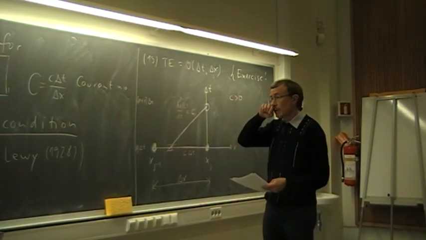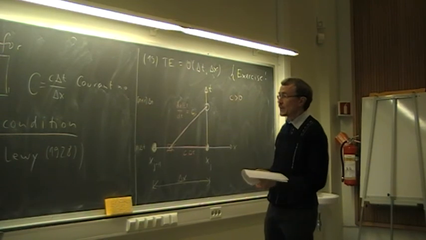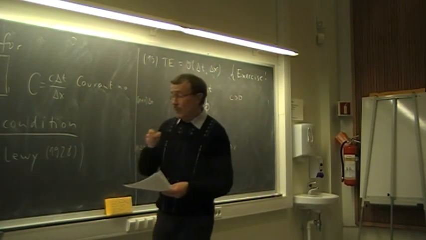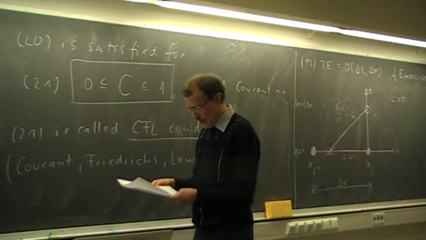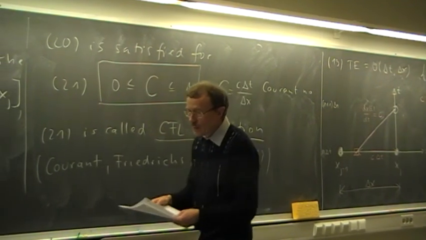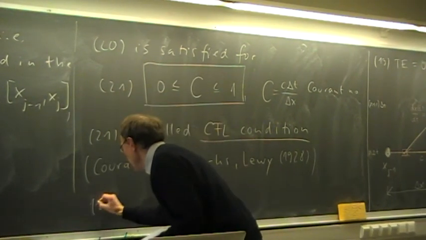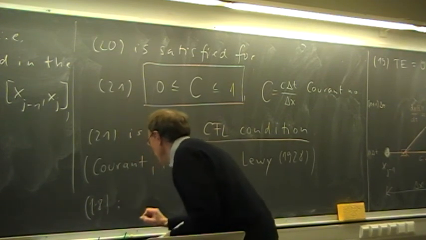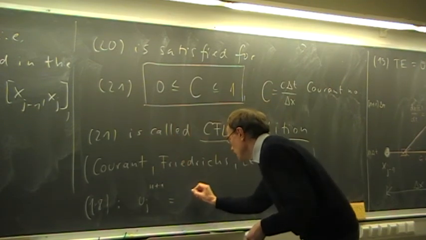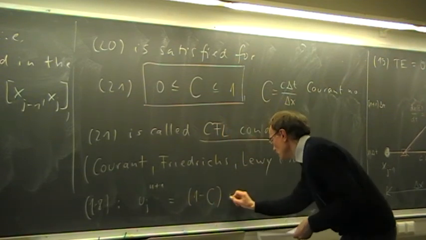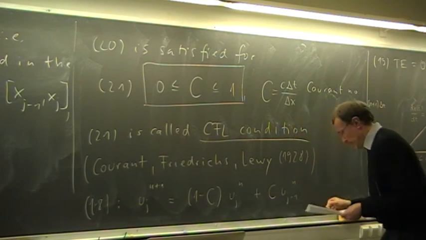So, what can we see with that? We can see that if this condition is satisfied, in the scheme that we derived, that was our scheme, let's see, I think 17 was the original one, then 18 can be written as ujn plus 1 is equal to 1 minus c times ujn plus c times uj minus 1 n.